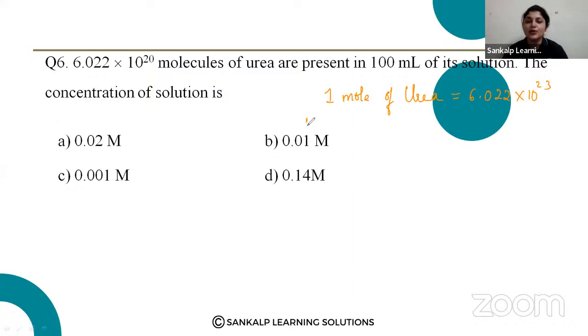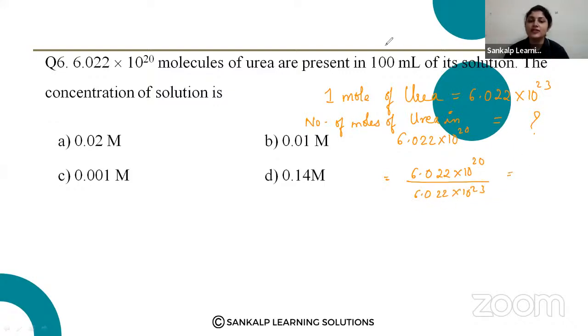Now, the number of moles of urea in 6.022 into 10 raised to 20 molecules is how much? You have to do the cross multiplication. So this comes to be 6.022 into 10 raised to 20 divided by 6.022 into 10 raised to 23.